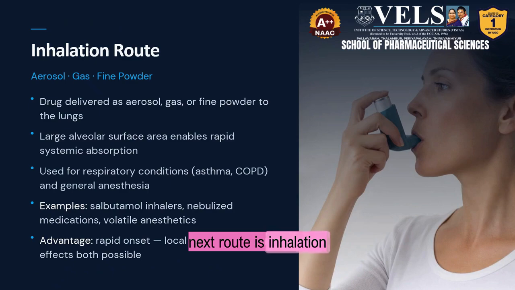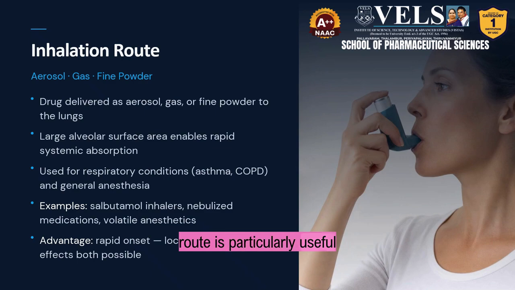The next route is the inhalation route. The drug can be administered as an aerosol, gas or fine powder directly into the lungs. The lungs have a large alveolar surface area allowing rapid absorption.